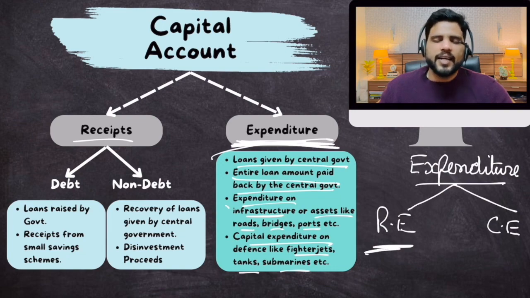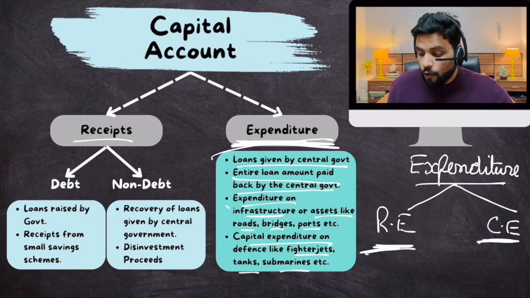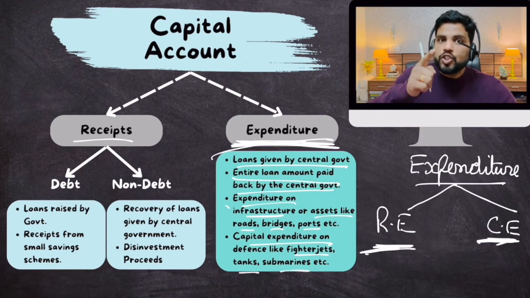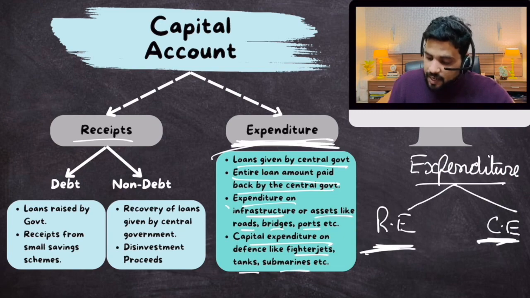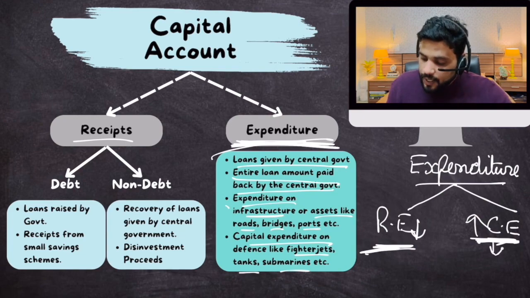Government has to pay back interest on loans taken. Government has to give subsidies. Yes, but still, it is wasteful expenditure. Whereas capital expenditure is not at all wasteful. It is a good form of expenditure, and every government should strive towards reducing its revenue expenditure and increasing its capital expenditure. Why? Because capital expenditure increases your assets.